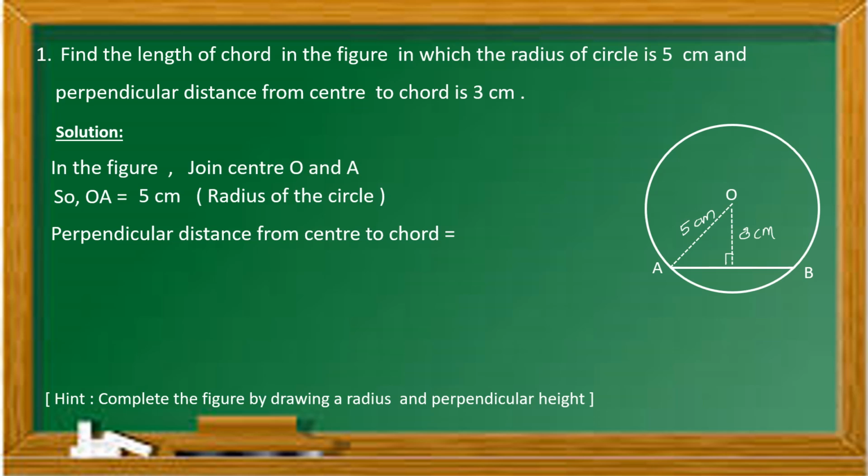Correct. And let's take this point as D. So, here we get the perpendicular distance from center to chord as 3 cm. Now, what we need to find? We have to find AB. And how will you find?